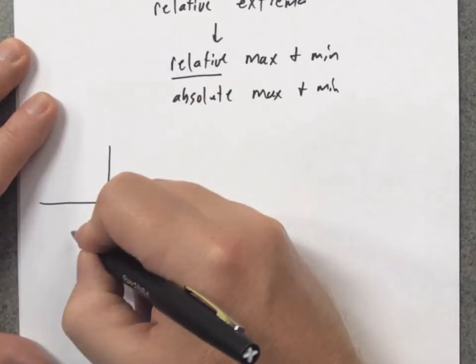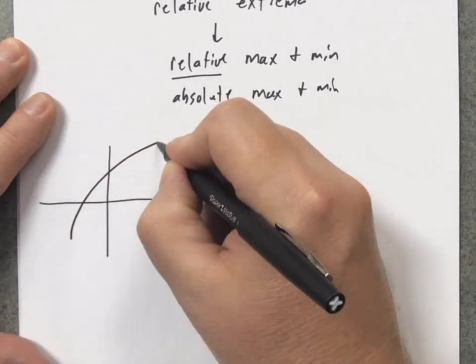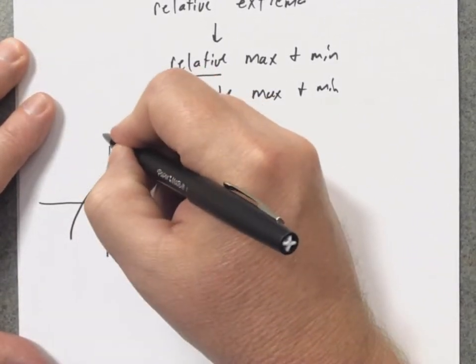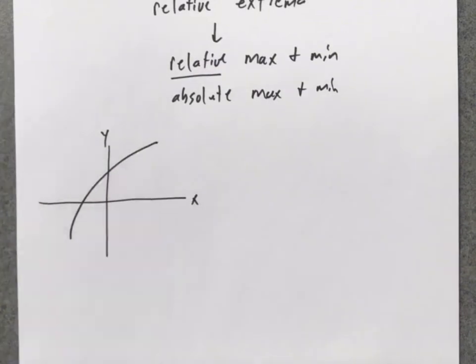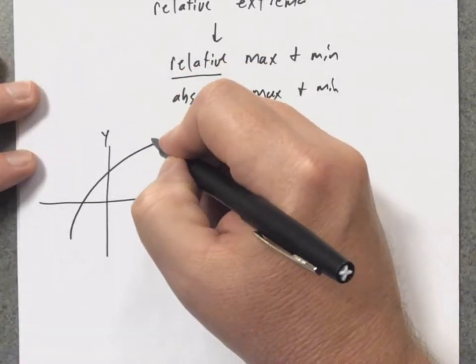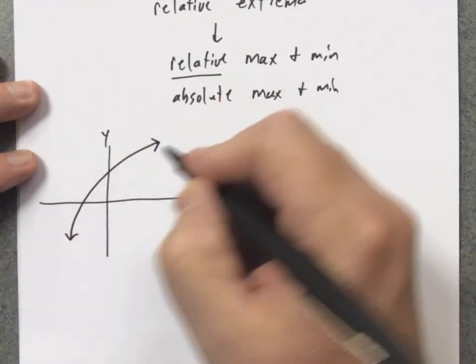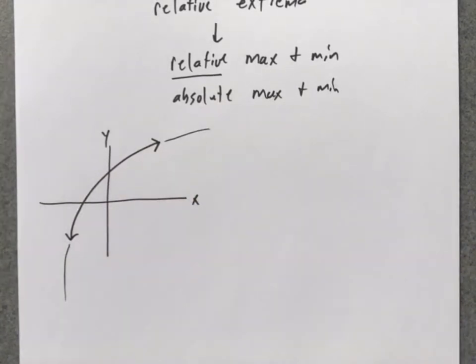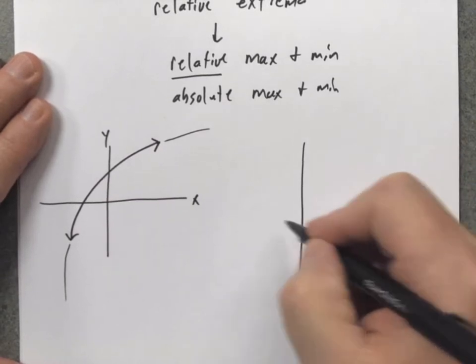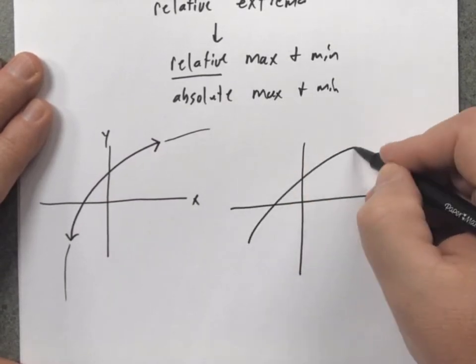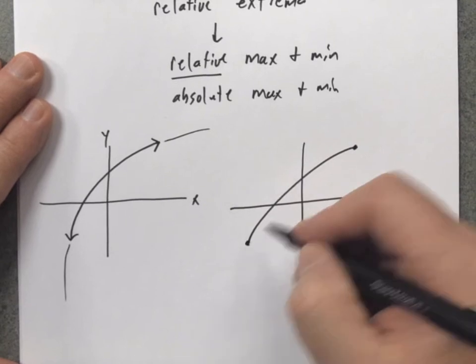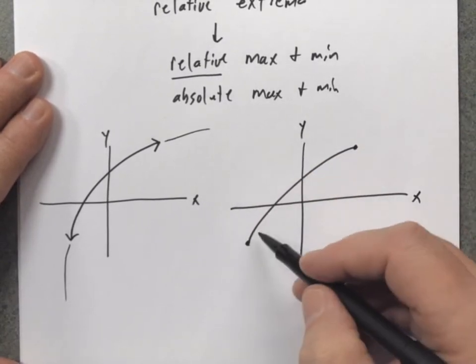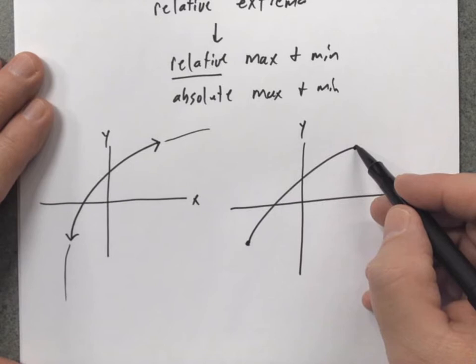First of all, oftentimes when we draw graphs, sometimes even in class, I'll just draw a graph like this. And let me tell you, when you draw a graph like this, hopefully most of the time I put little arrows on the end, because these arrows mean that this graph sort of goes on forever, as opposed to if you see a graph like this, that means this graph actually stops right here.